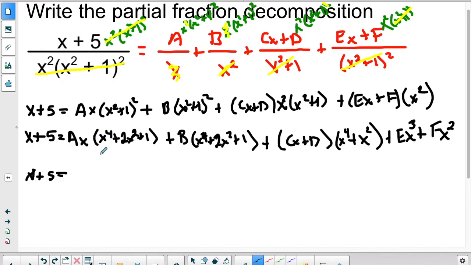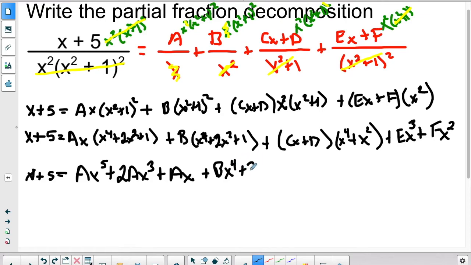So ax times x to the fourth is ax to the fifth, plus 2ax cubed, plus ax. Multiply through by b, we get plus bx to the fourth plus 2bx squared plus b.